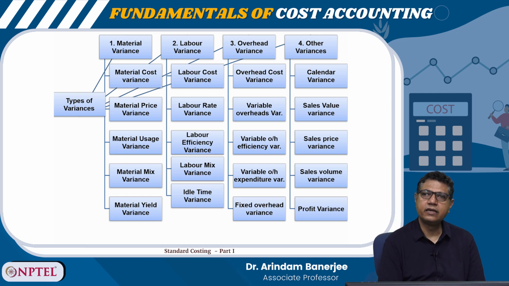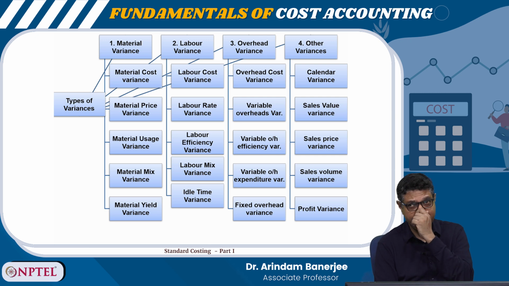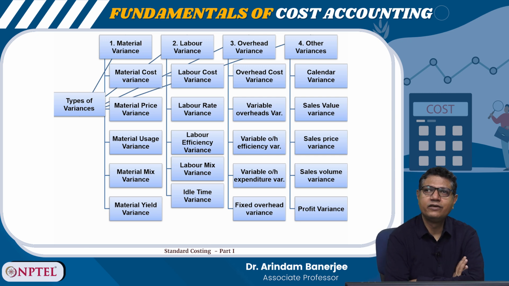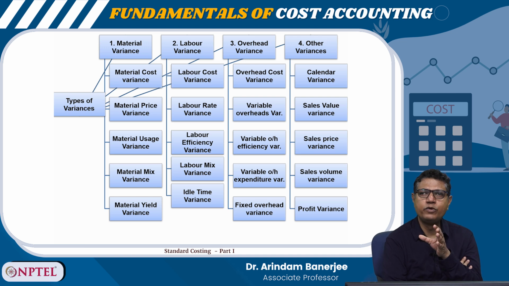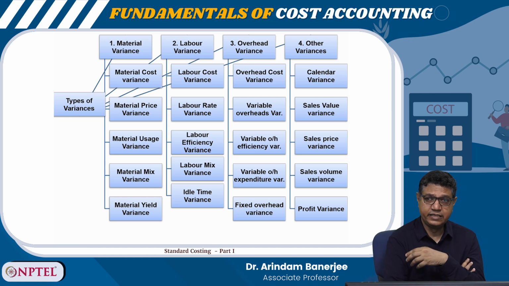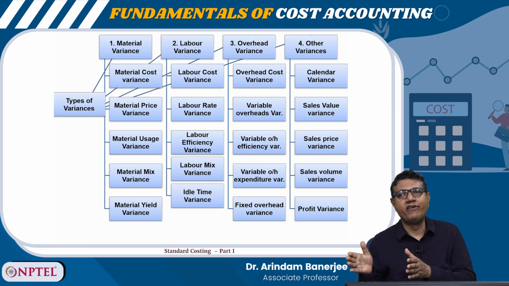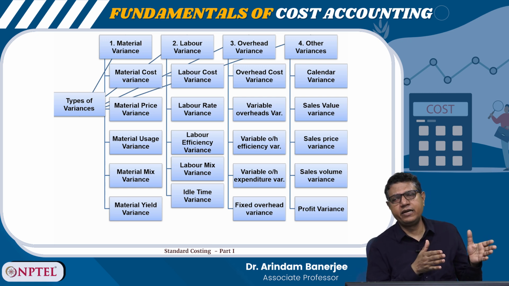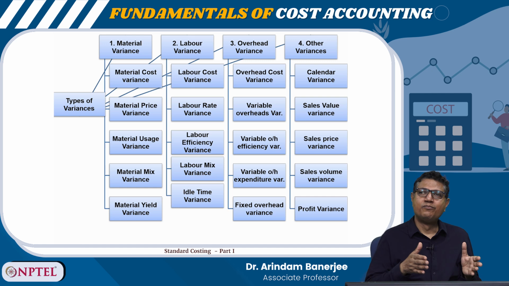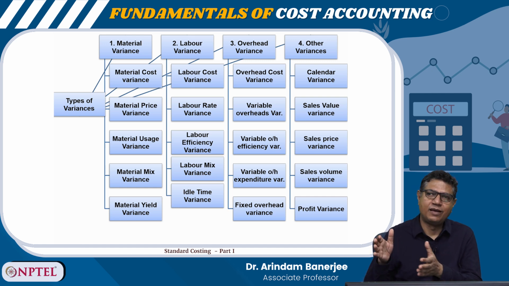Other than that, there are a few other variances. As I said, I can calculate the variance of income also. I can calculate calendar variance, sales value variance, sales price variance, sales volume variance, and ultimately the profit variance. I estimated that I would earn some profit, but actually my profit is something else.